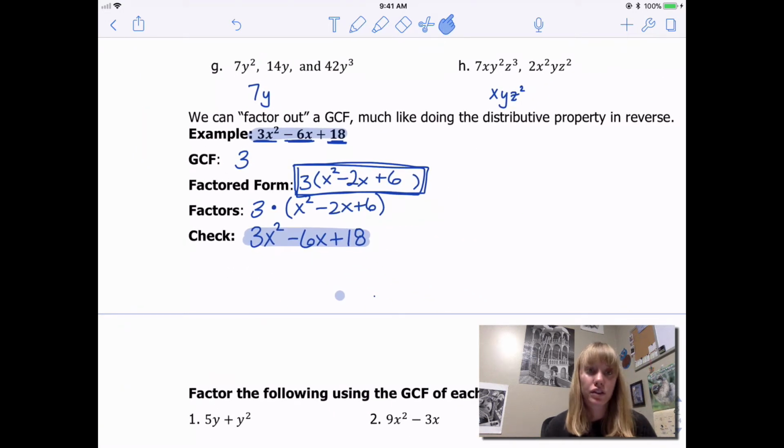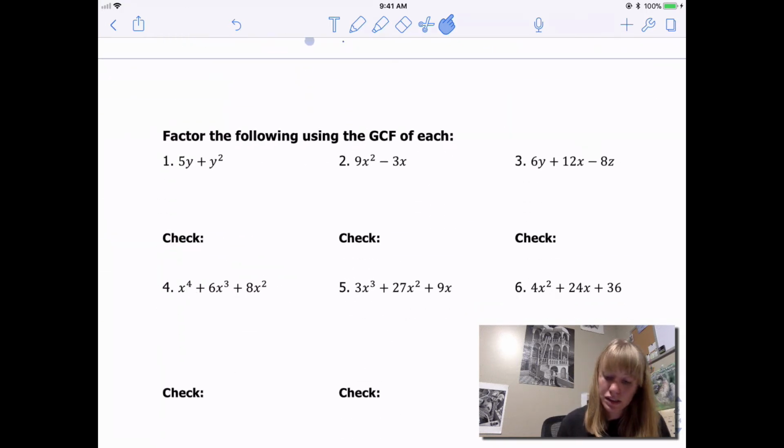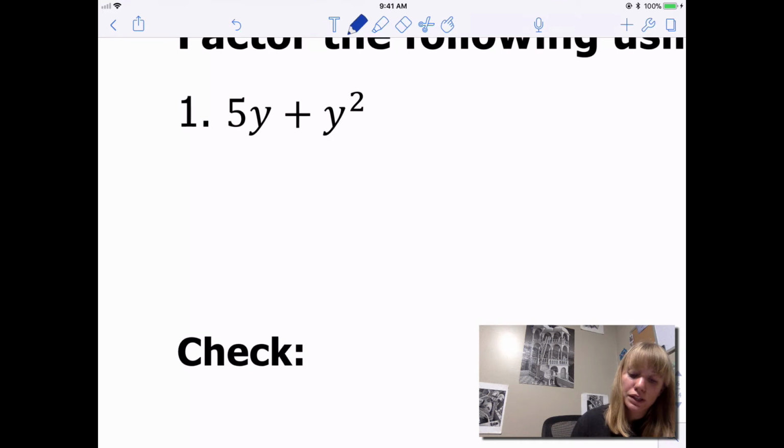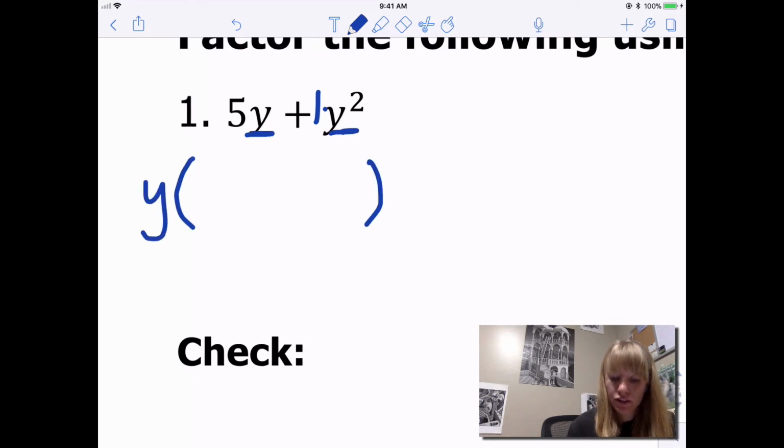All right, now that we've gone through this kind of slowly, I'm going to go through the example problems a little more quickly. So number 1, 5y plus y squared. 5 and 1 don't have a common factor, but I do have at least one y in both of these. So I put my y on my outside. And for the first term, what times y gives me 5y? That's just 5.